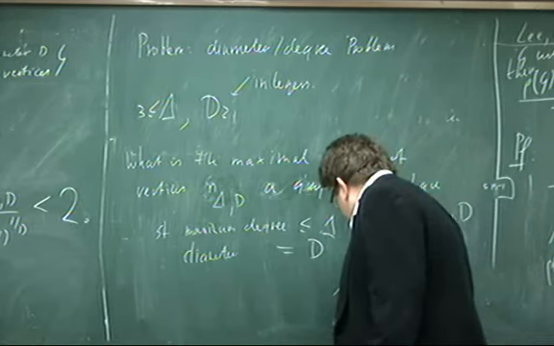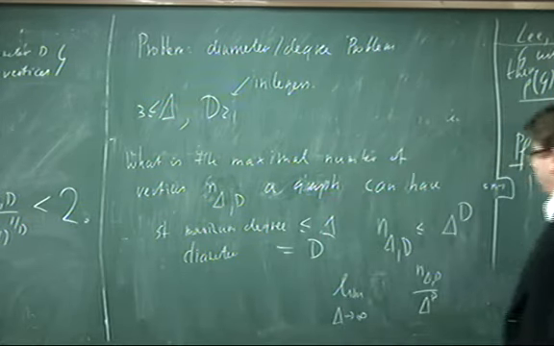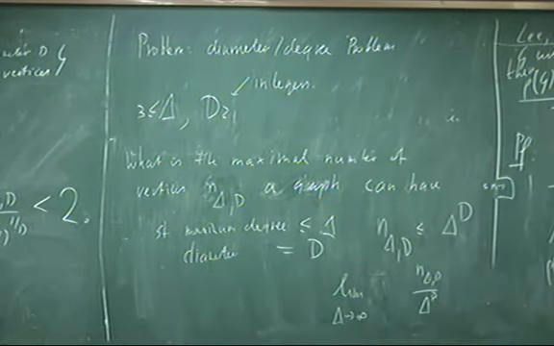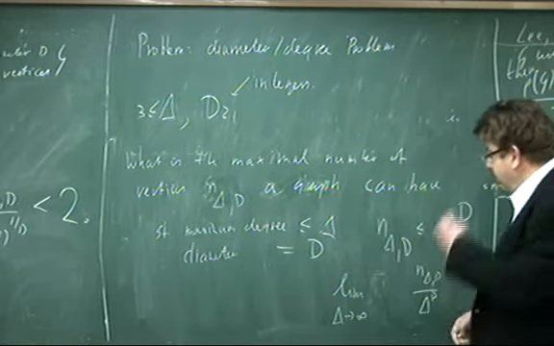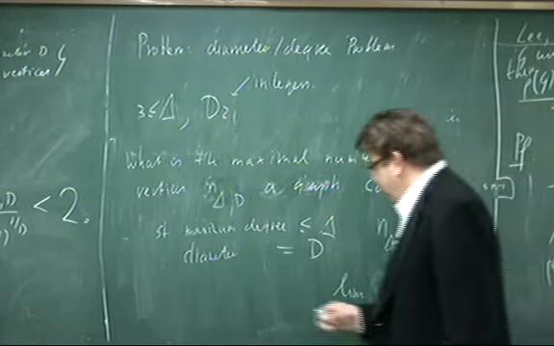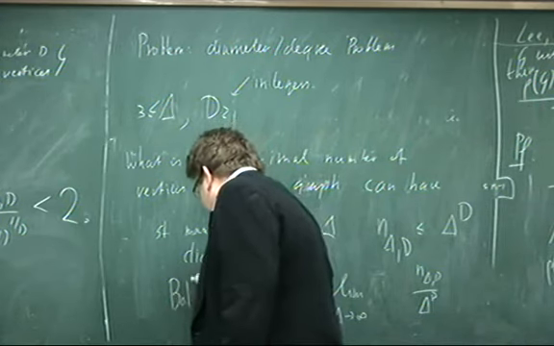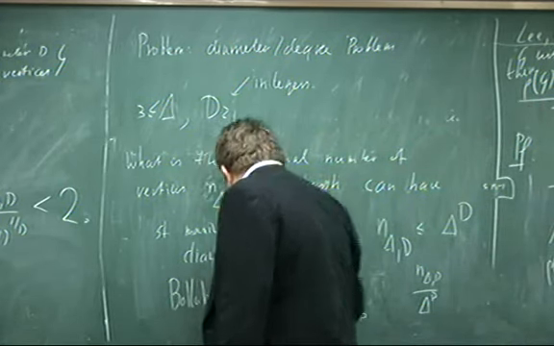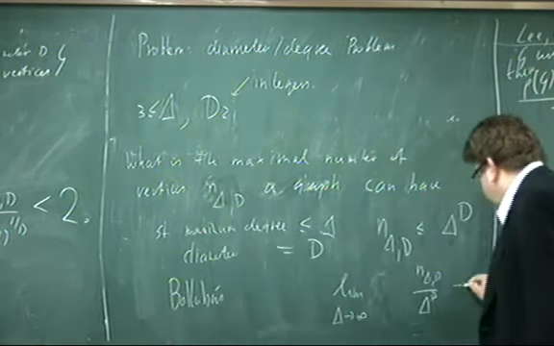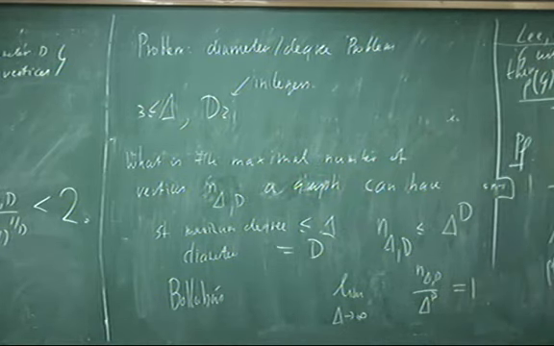So you want to look at delta going to infinity of this number. You fix d, and you want to look at this number. And the conjecture by Bollobás is that this limit is equal to 1.